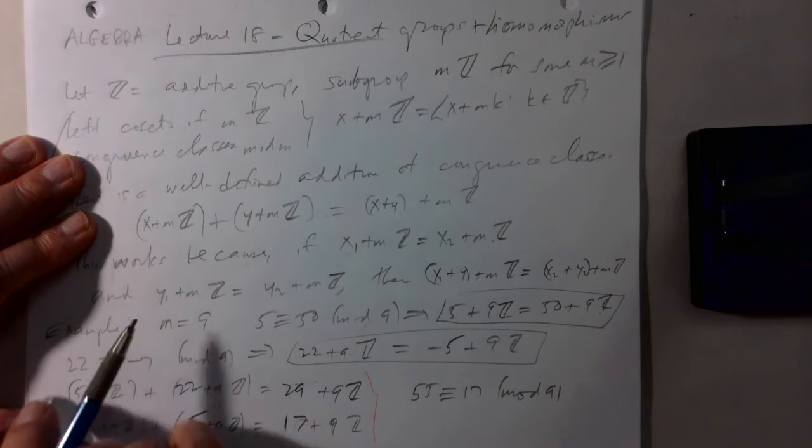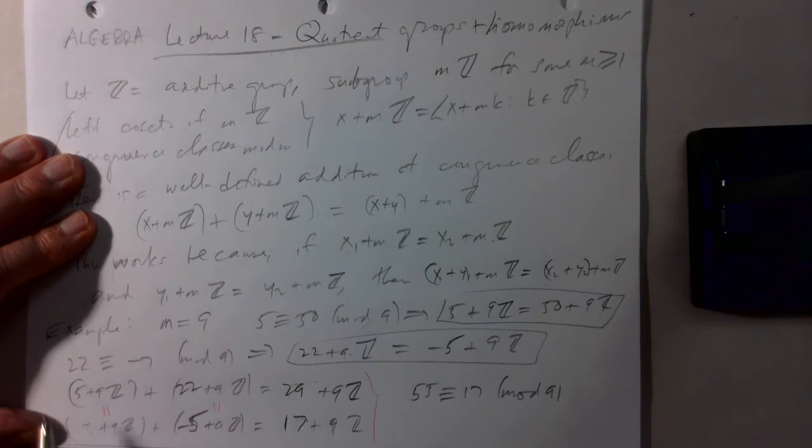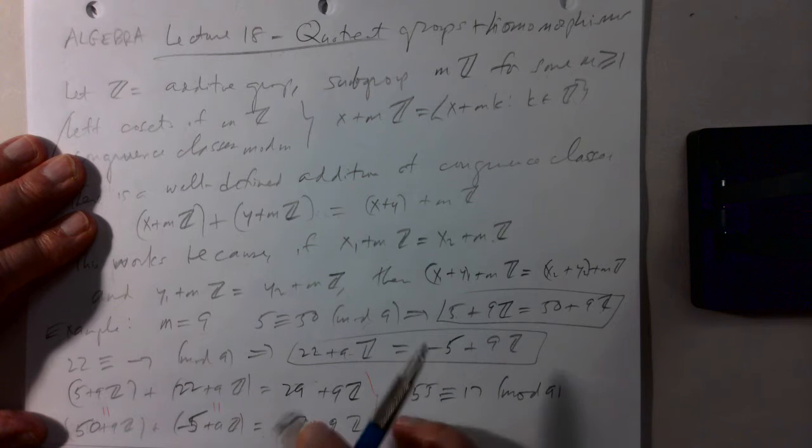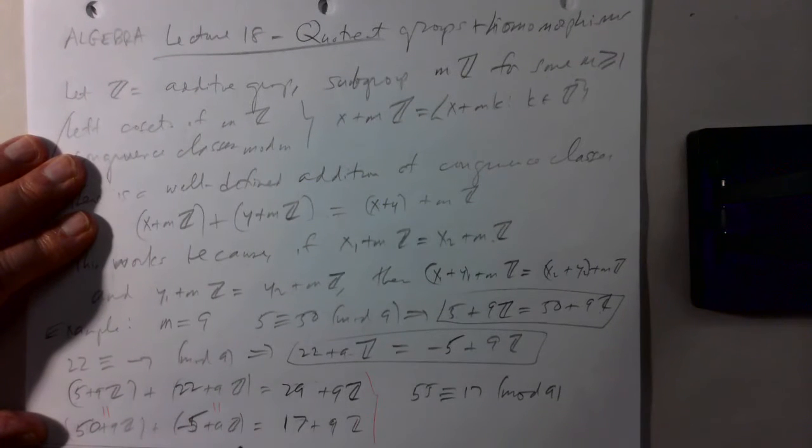And if I take the congruence class of 50 and I add it to the congruence class of minus 5, I get the congruence class of 45.